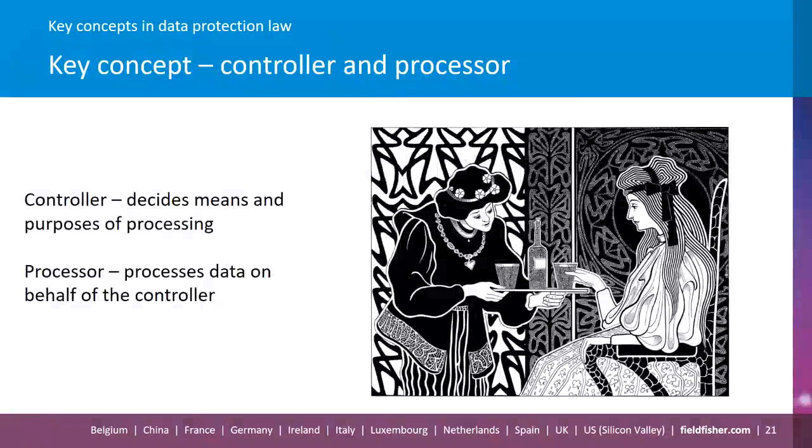And the processor is illustrated by the lady here on the left who's serving the drink. She is acting on the instruction of the controller. So she isn't making decisions. She is simply doing what she is asked in order to provide a service to the controller.